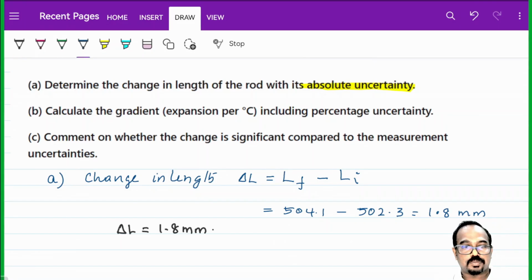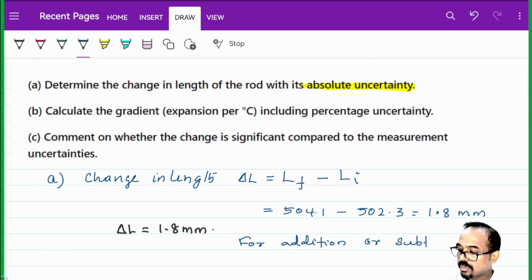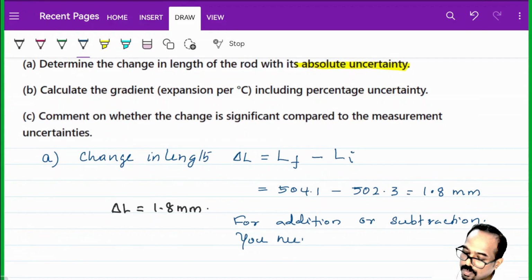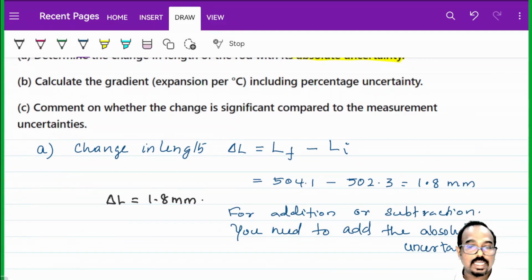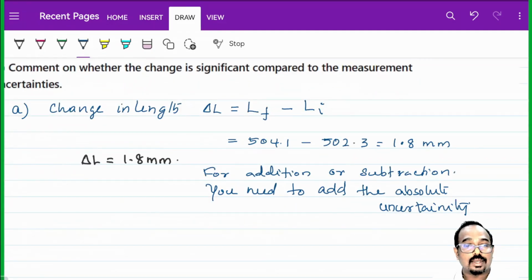Now what is the next step? Next step is you need to check the equation for calculating this value. What is this equation? Final value minus initial value. So it is subtraction, right? For addition or subtraction, you need to add the absolute uncertainty in the measurement.